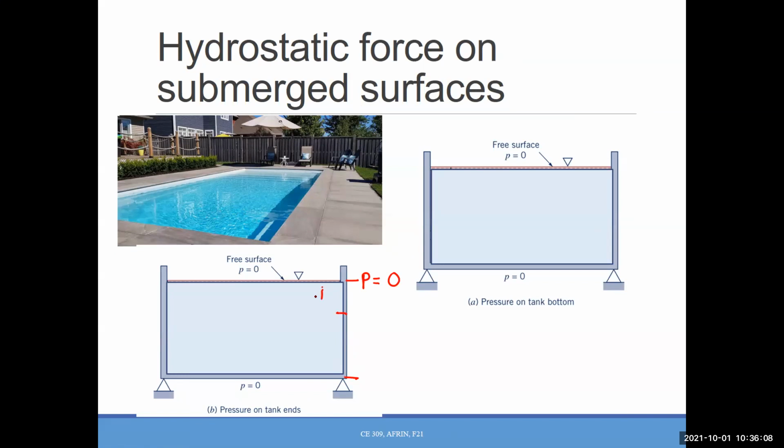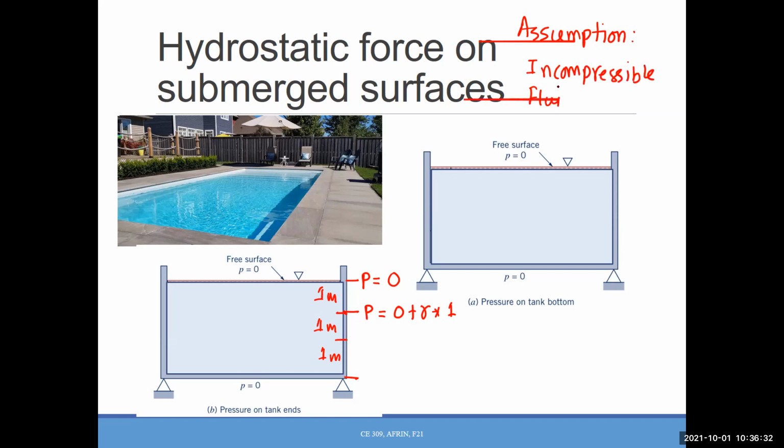If I think this one is 1 meter, this one is 1 meter, and this one is 1 meter, what is the pressure here? 0 plus gamma multiplied with 1. So the assumption is we are working with incompressible fluid, okay? So P equals gamma times Z, and the Z scale is going this way. Okay. Now, what is the pressure here?